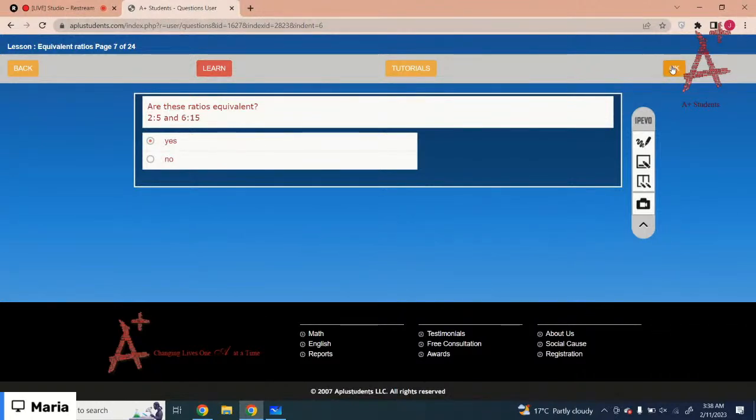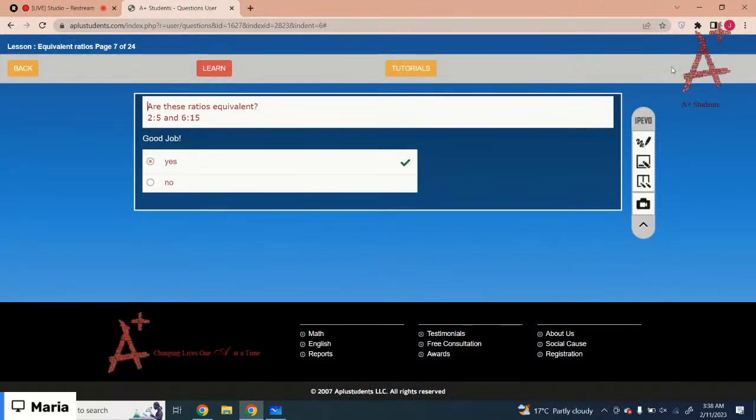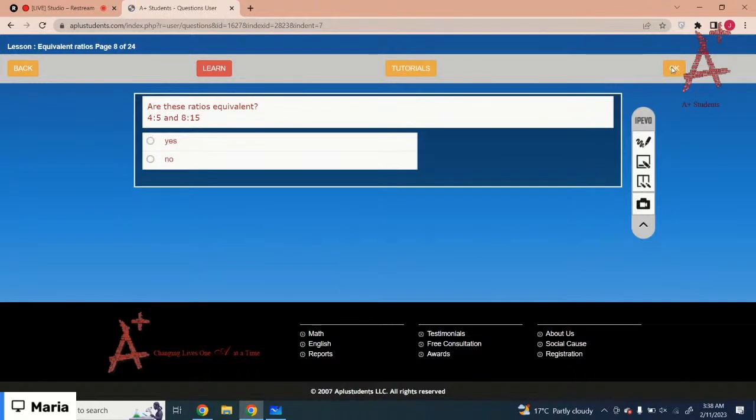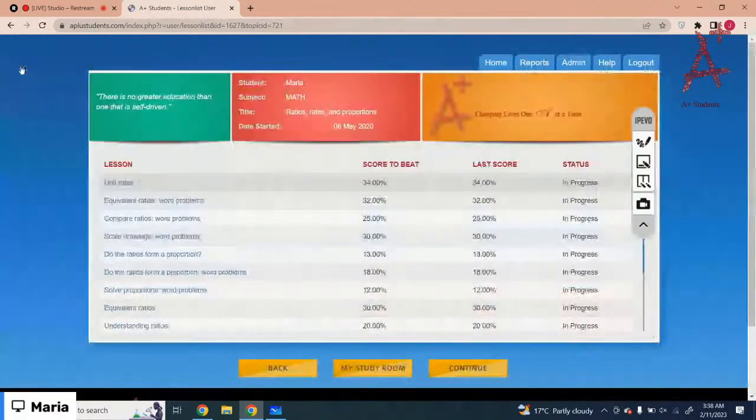Okay, you can complete the test by yourself later today. So we are working on grade 7 maths. The chapter we are working on is ratios, rates, and proportions.